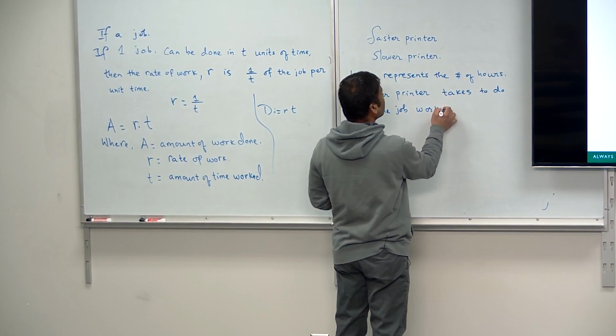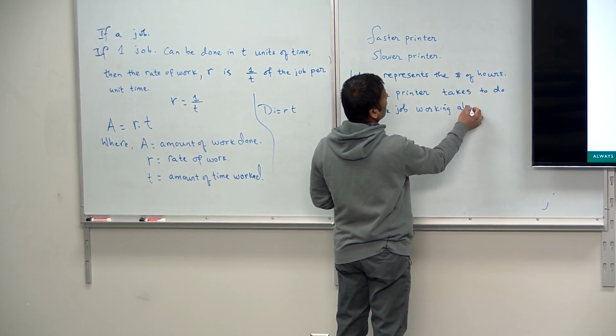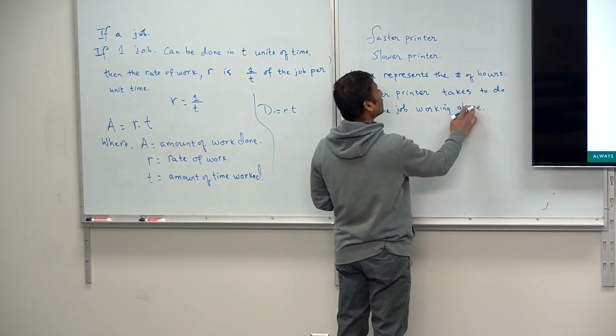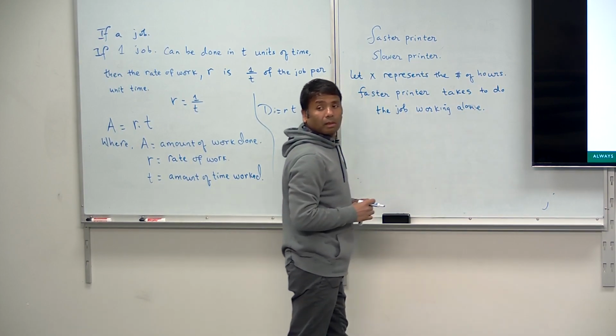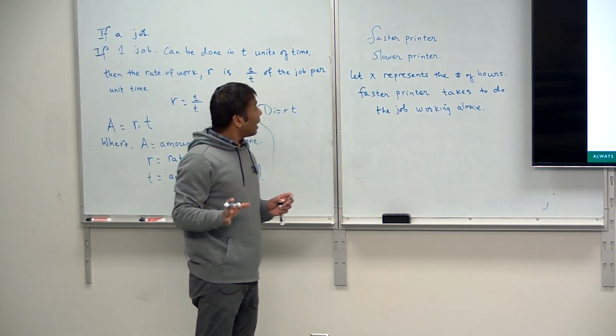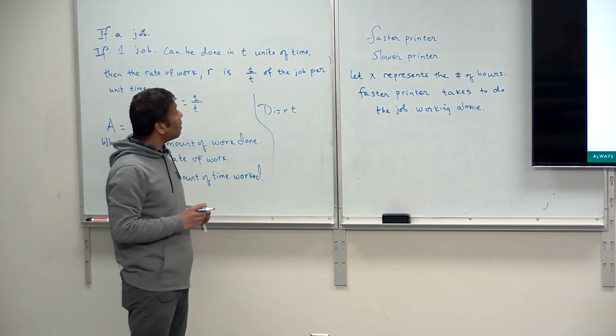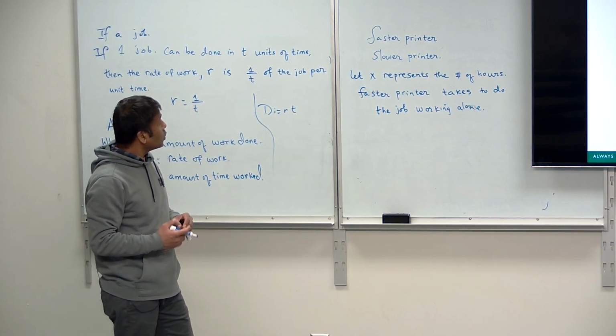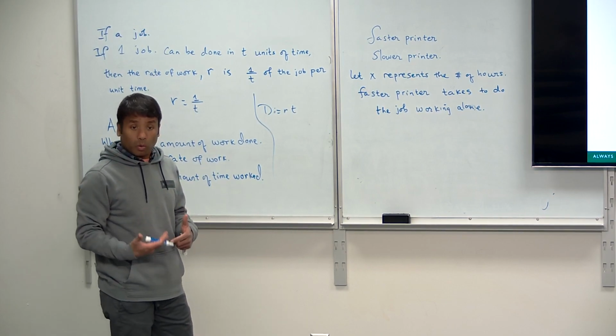Does that make sense? Are you guys with me? Let X represent the number of hours the faster printer takes to do the job working alone.